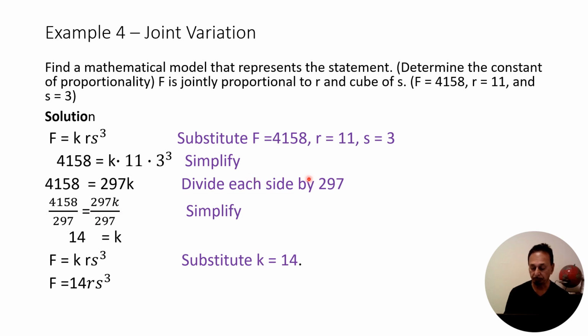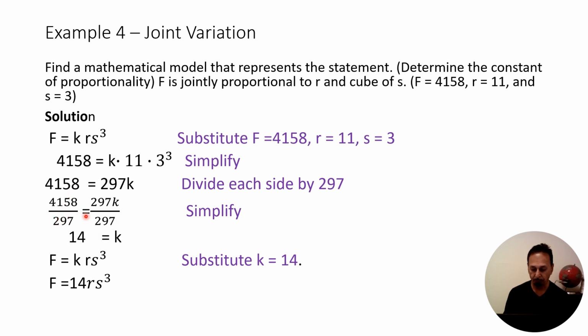Now we substitute F equal to 4158, r equals 11, s equal to 3. So this becomes 4158 equals k times 11 times 3 cubed. Now we simplify. 3 cubed is 27, times 11 is 297. Okay, now we divide both sides by 297.